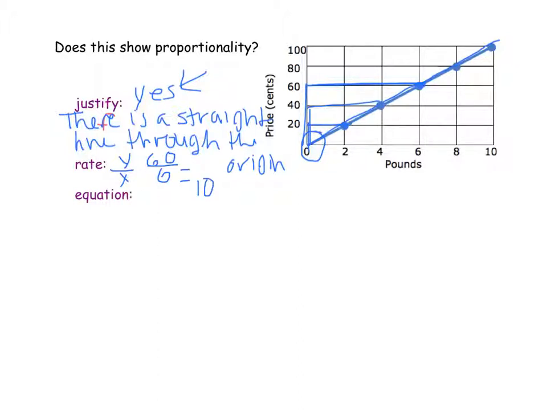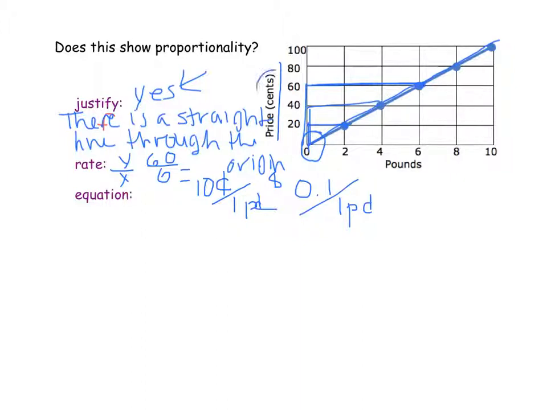And we're not going to just leave a 10. Remember, it is a rate. So this is in cents. So you could put 10 cents per 1 pound, or you could write it 0.1 with a dollar sign per 1 pound. I don't care which, you just need to be accurate with your labels.